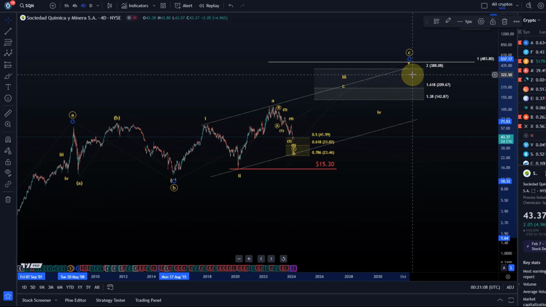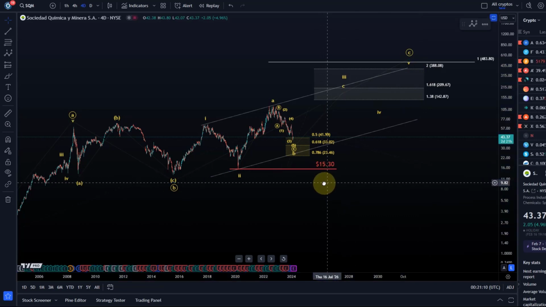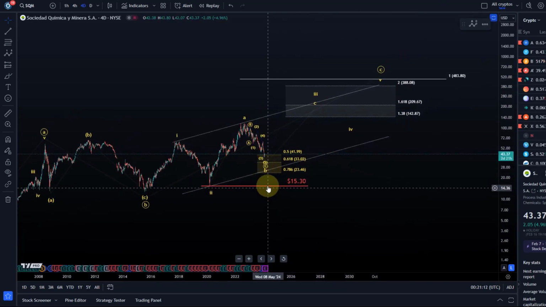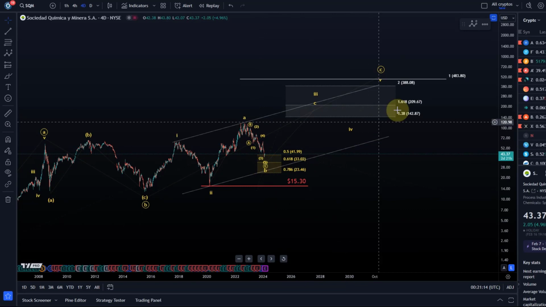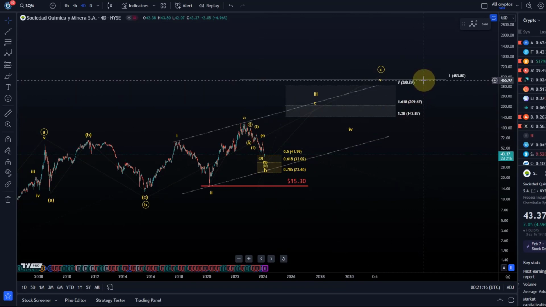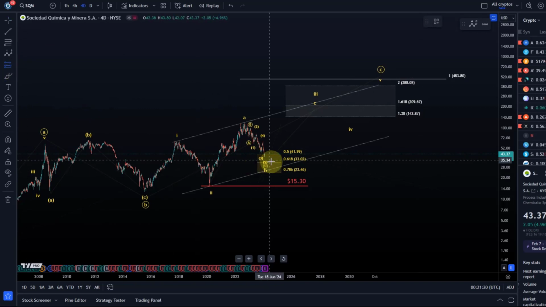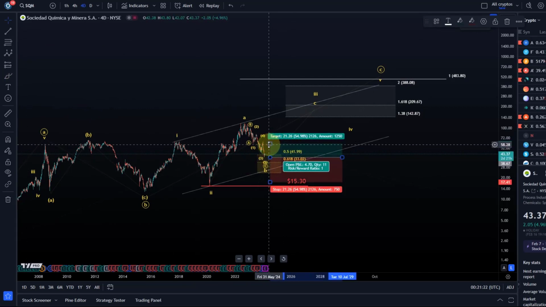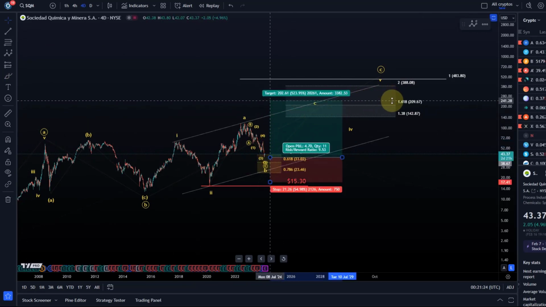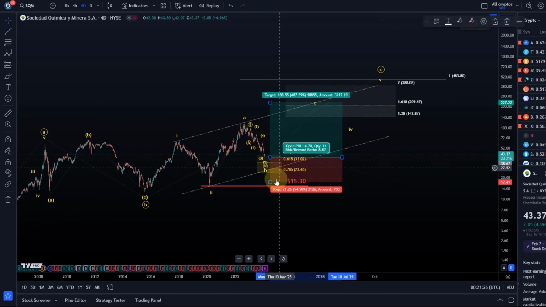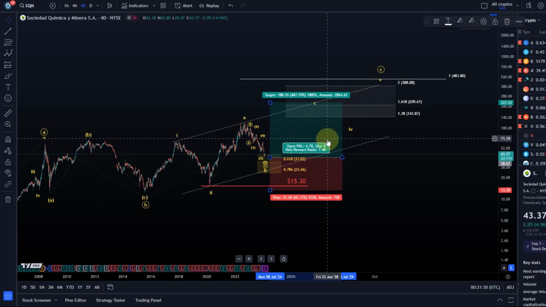The invalidation point for the bullish thesis is $15.30. Now you can say that's far away. Well, it is, but considering the potential distance long-term to a potential target of 483, it's a pretty decent reward to risk ratio, even if you just assume the price might get to 209 or something in that region.